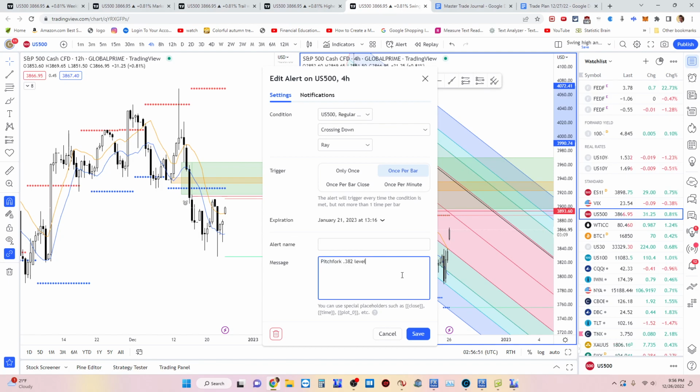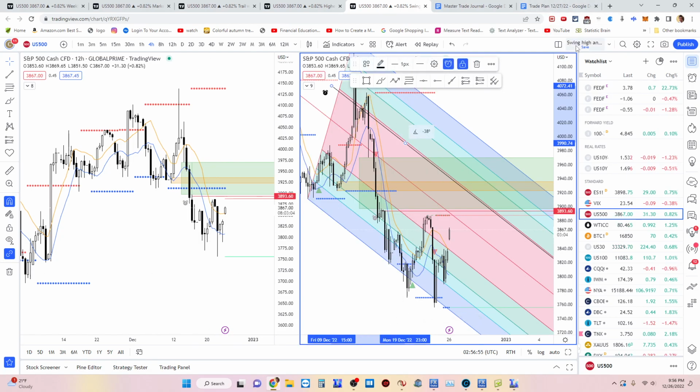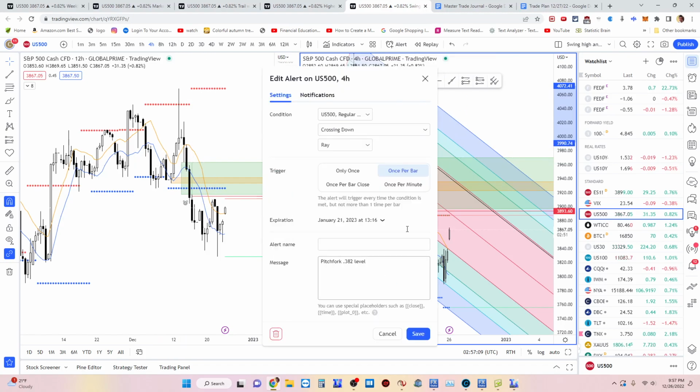Boom. So then that's another part of the setup. If we really wanted to jump in risky, this is the part on the retest, a deep retest into the 0.382 level. Possible first entry.